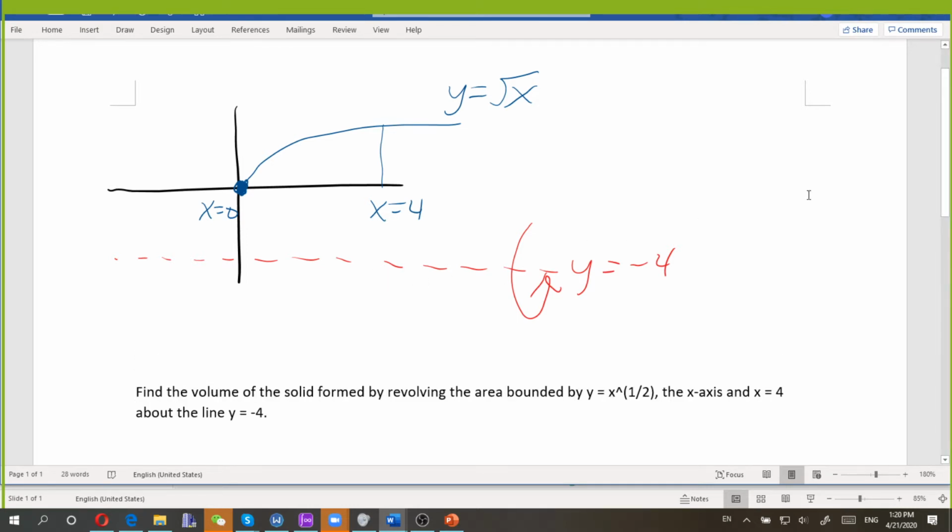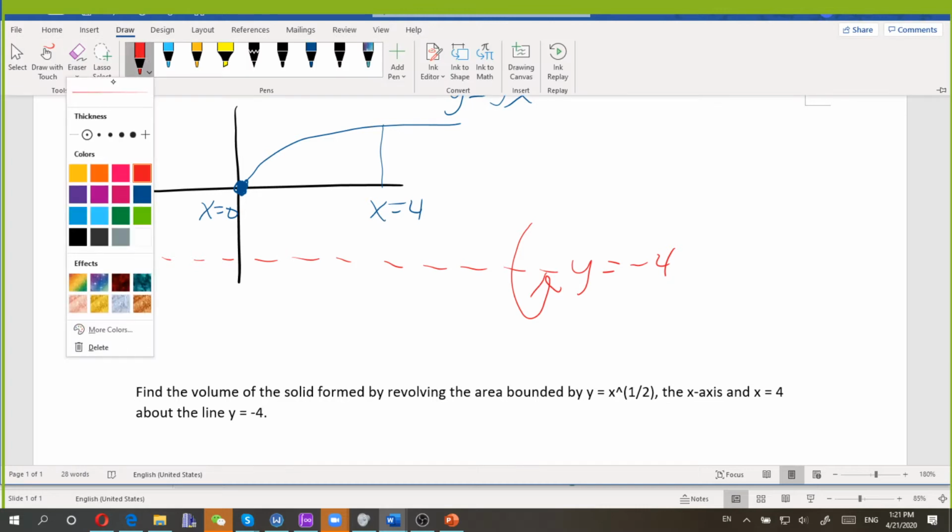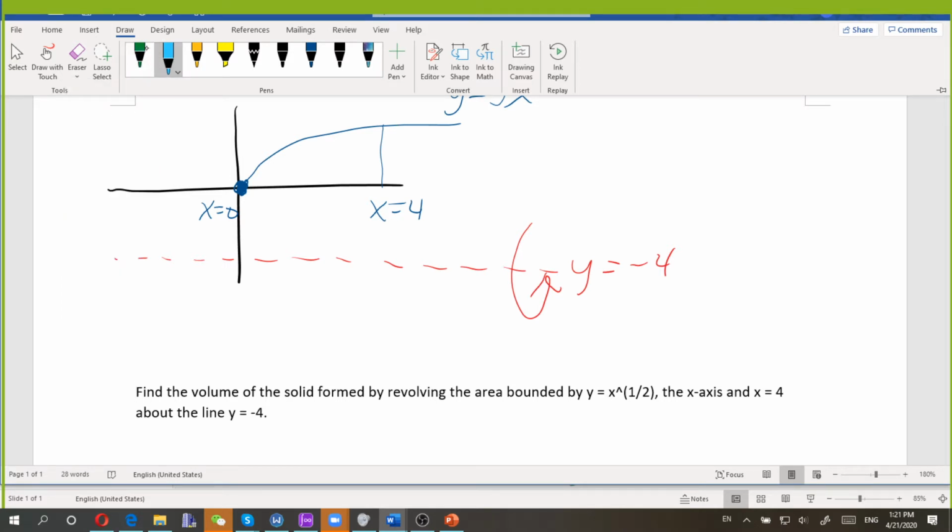Okay, so what we're going to do is almost the same thing as last time. I'm going to create our radius in green. I should have color-coded this axis differently because I used red for the radius last time, but oh well. So I'll pick somewhere in the middle here.